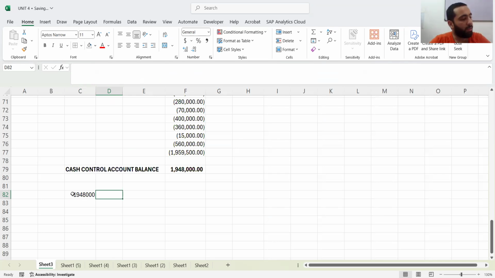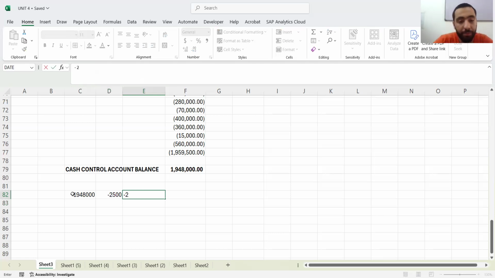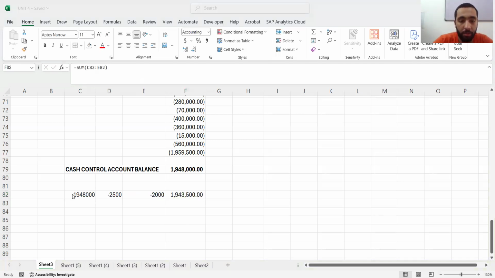If there is a bank charge, it will reduce your cash control account balance. So minus 2,500. And then there is a tax. Tax will also reduce your cash control account balance. You get the sum out of this. This is your answer. Is this clear? Very simple. This is the amended cash control account balance.